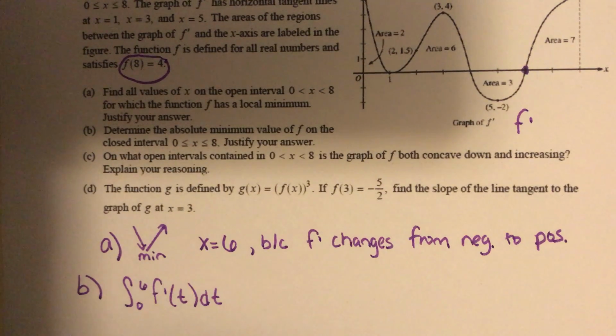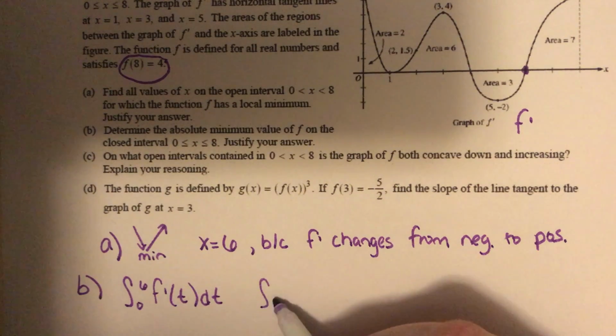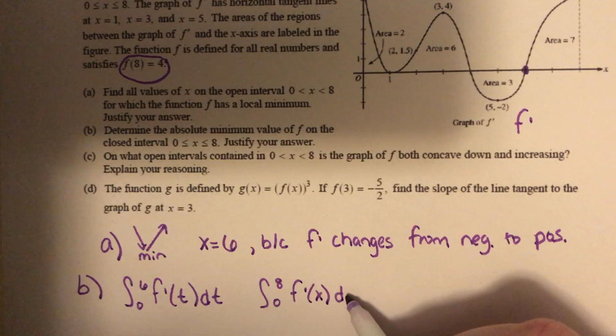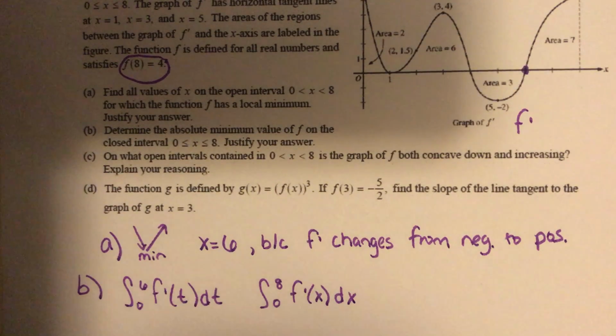I'm going to find the integral at 8, so 0 to 8. And I'm going to find the starting point, which I'll figure out in a little bit here. So let's first see what the integral from 0 to 6 is.